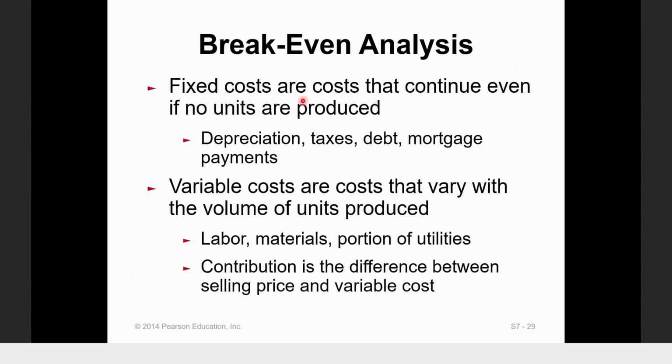The fixed costs are costs that continue even when no units are produced. Ya, as I said earlier, either you produce a small quantity or no quantity, you still have to pay. For example, building, you have built the building, either you produce or not, you still have to pay. It doesn't depend on quantity produced.